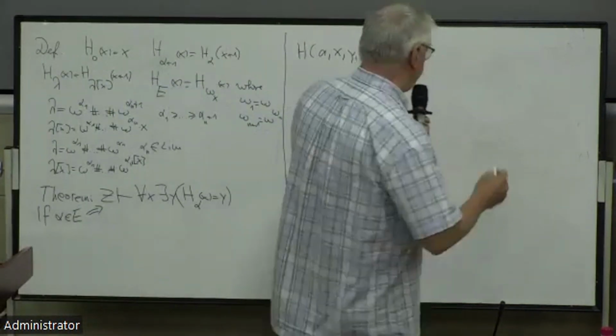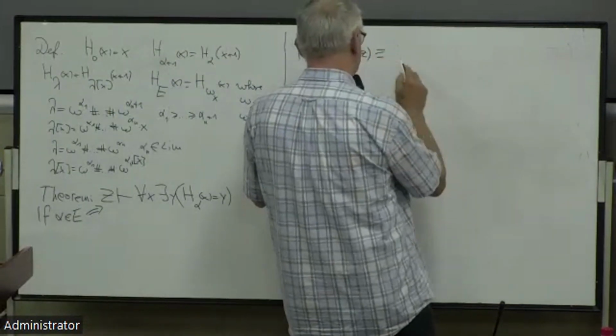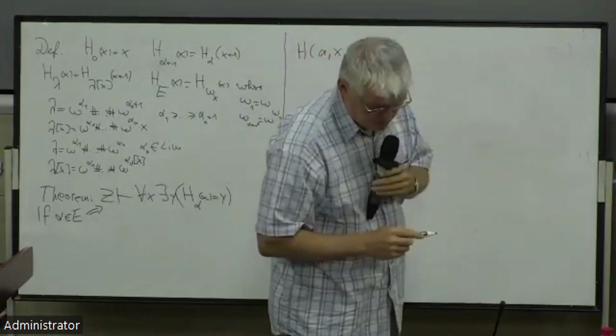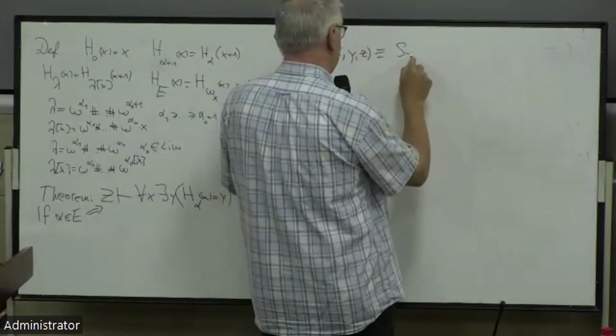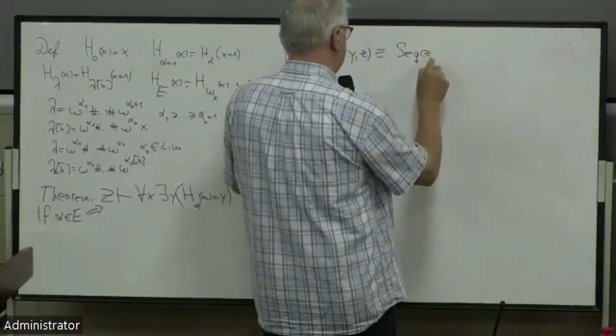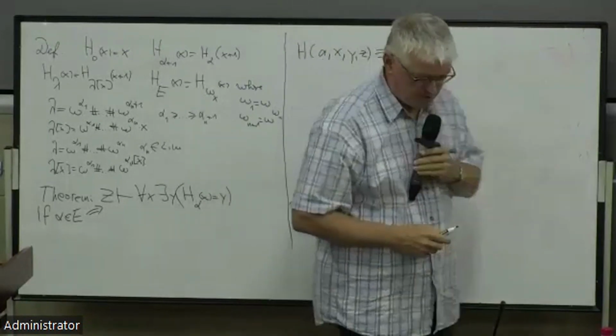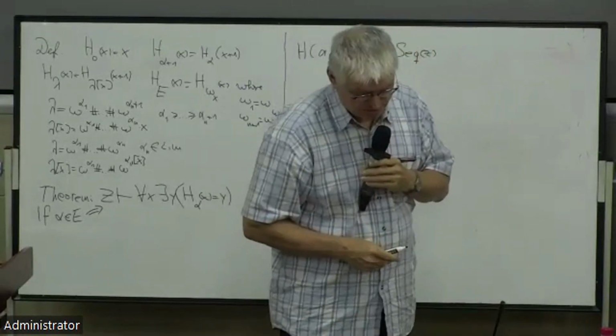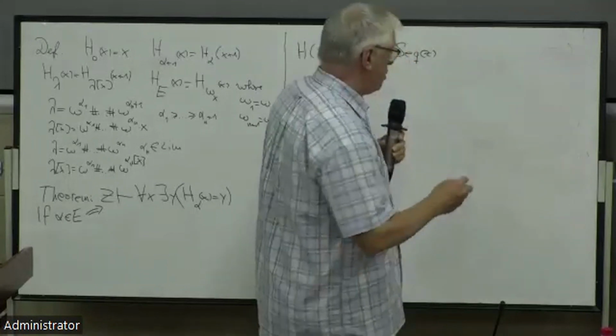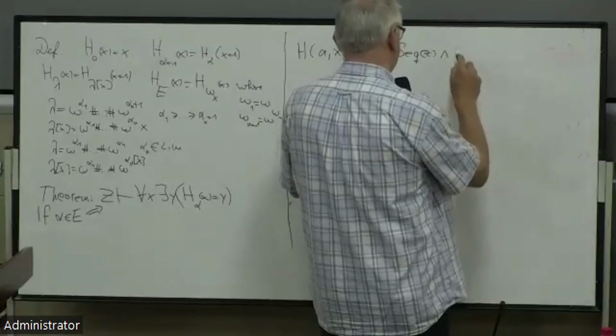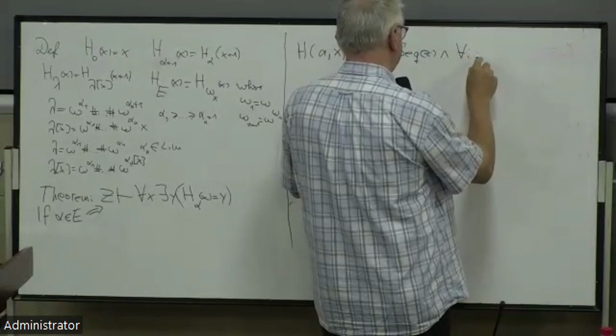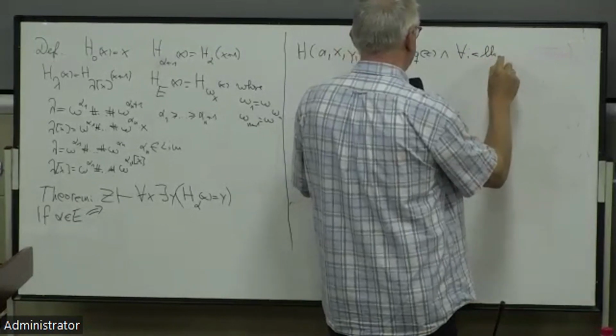So what does this mean? Z is a sequence number, a long sequence consisting of sequences of length 3.